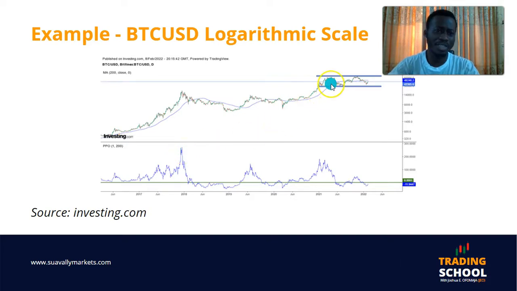So right now, looking at the logarithmic scale, we can see that there's this kind of a range happening, and this can be huge to the upside or to the downside. If we see a breakout here, then that can be deadly for many accounts to the downside. But to the upside, it will mean a very huge breakout coming. So that's something I'm watching.